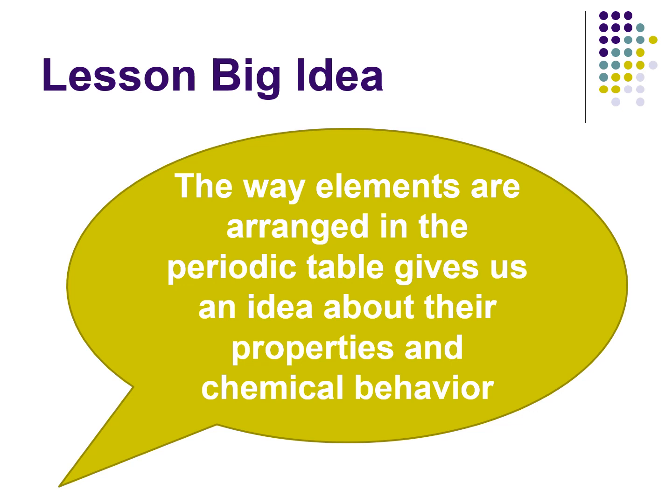Instead, the way they are arranged in our modern periodic table follows a certain pattern, and this pattern has something to do with their properties and chemical behavior. To cut it short, the elements are arranged in the periodic table because it gives us an idea about their properties and chemical behavior. There is a pattern, and that is what we will look at. We will find out the pattern in the periodic table.